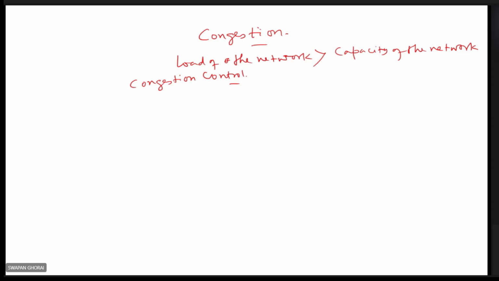Congestion control indicates the mechanisms and techniques that control the congestion and keep the load below capacity, so that the network can handle the packets efficiently. Otherwise, node buffers will be saturated and delay will be more, and many things will happen.